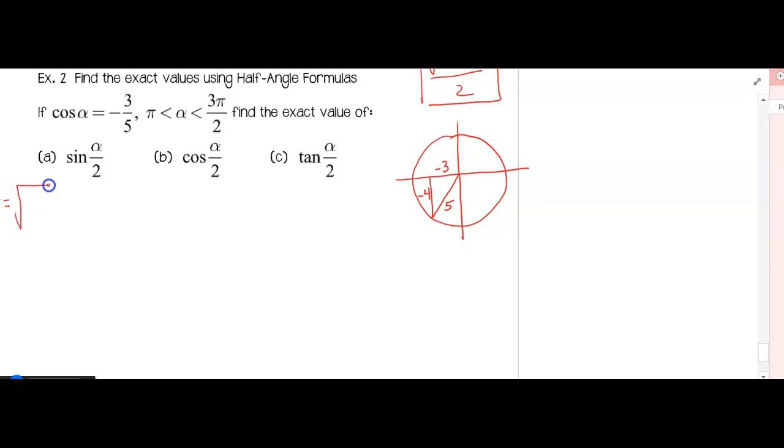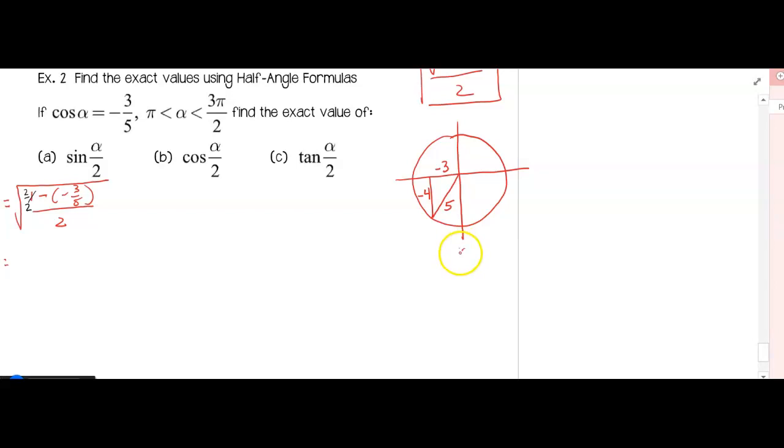So this is going to be the square root of 1 minus the cosine of alpha, so that's negative 3/5, divided by 2. So this 1 here is really 2 over 2. So I get, oh, and since we're in the third quadrant for my angle here, that means that alpha over 2 is going to be somewhere between 180 divided by 2 and 270 divided by 2.